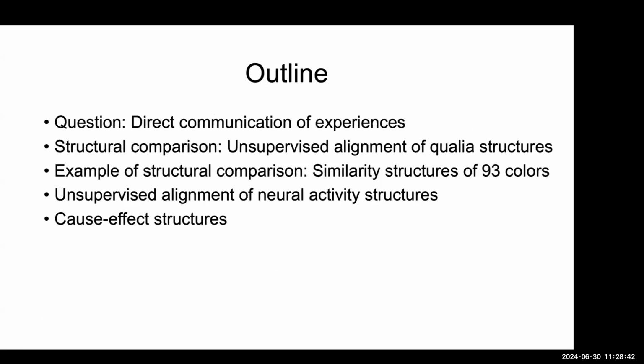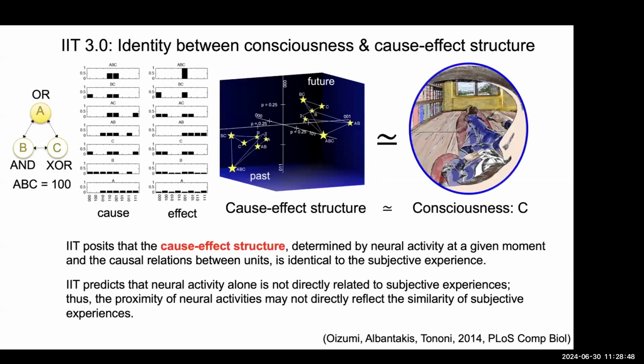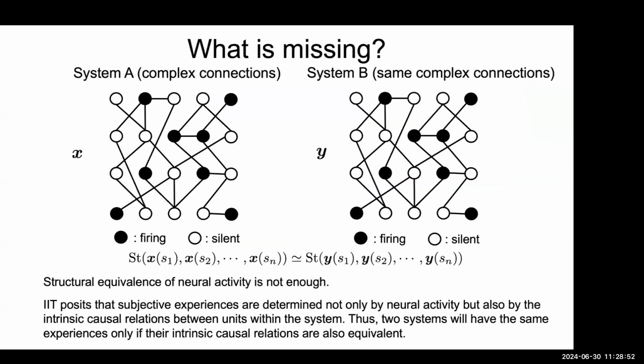Okay. So finally, I'll just briefly mention the cause-effect structures. The easiest example is probably fine. If we have exactly the same system, and we induce the same neural activity, then we get the same experience. That's fine. But of course, the actual situations are not like this. We have more or less similar causal relations between neurons.